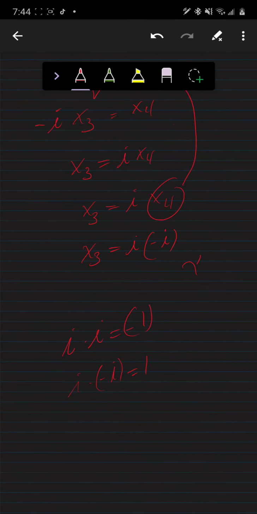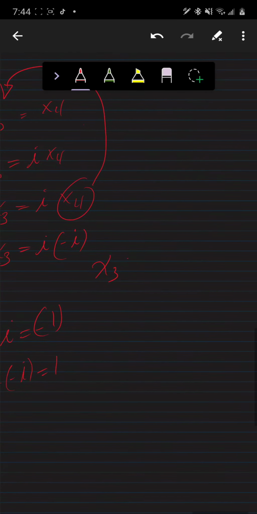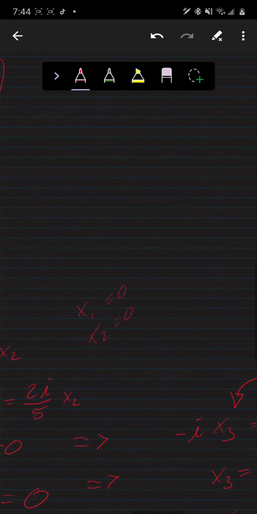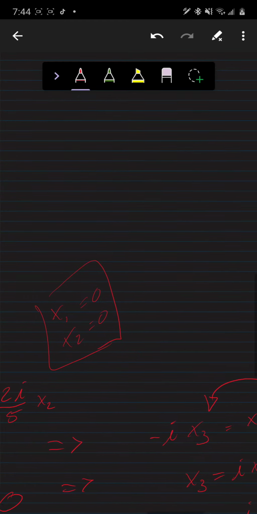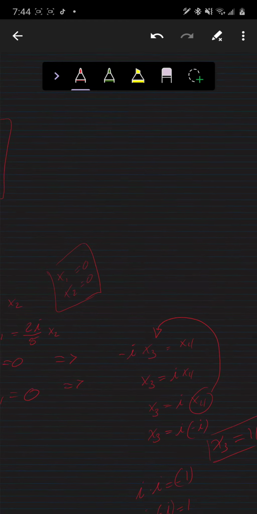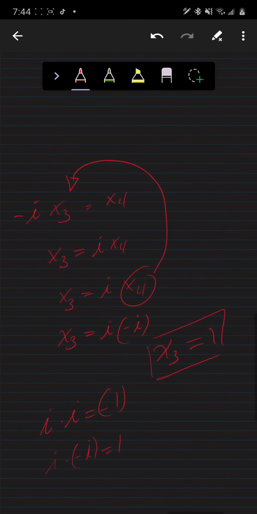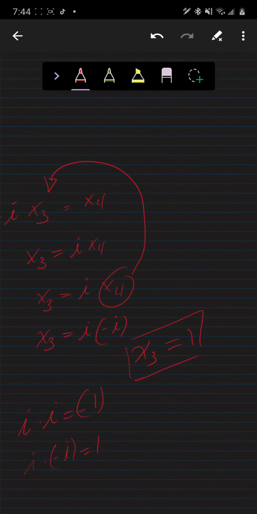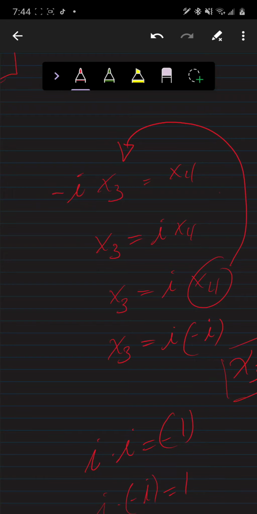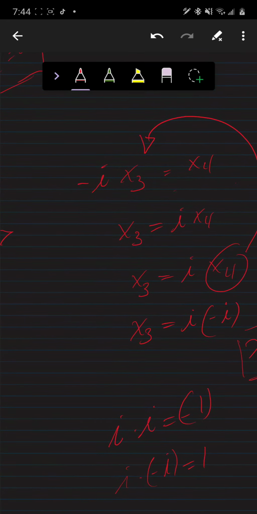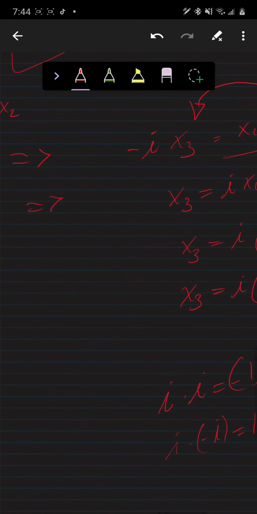So x3 will be equal to 1. And then since x3 equals 1, I'm going to plug in right here for this equation to find x4. So x4 will equal negative i, because x3 is 1.